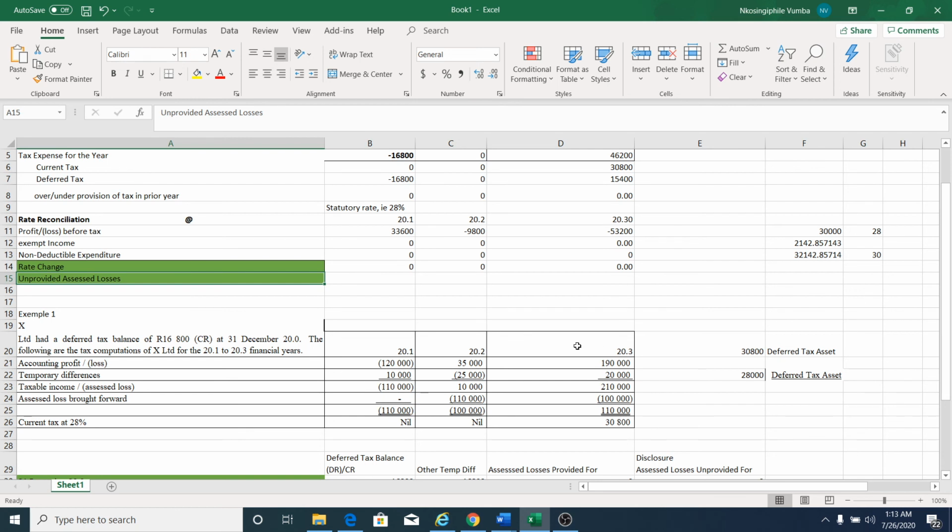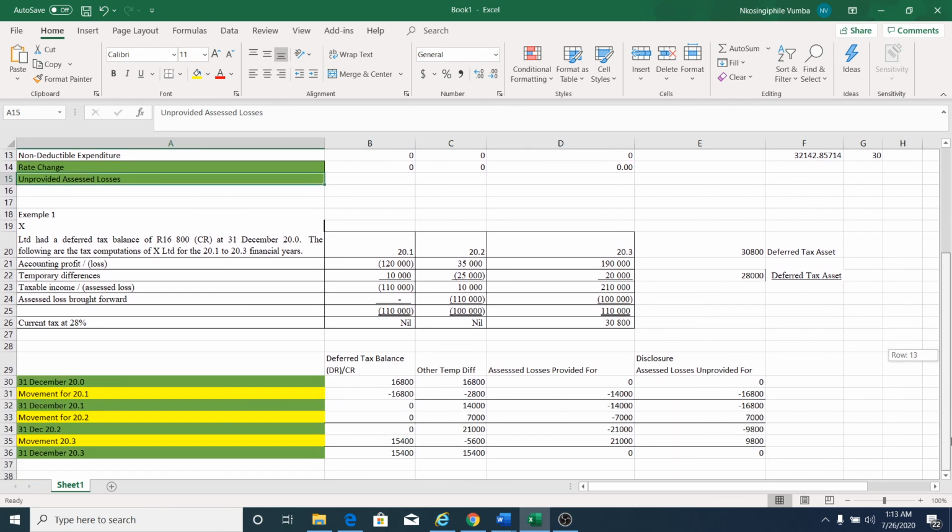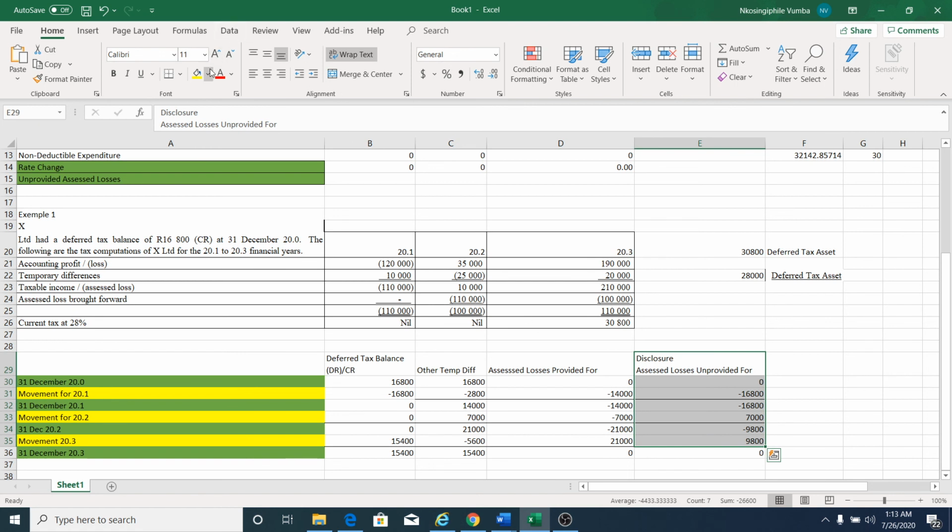Here is where we are coming now. Unprovided losses. Remember, I said this part is the disclosure part, which means it's the part that goes to your rate reconciliation. Unprovided assessed losses. Let's go. Remember, we don't take the balances of these things, we take the movements.